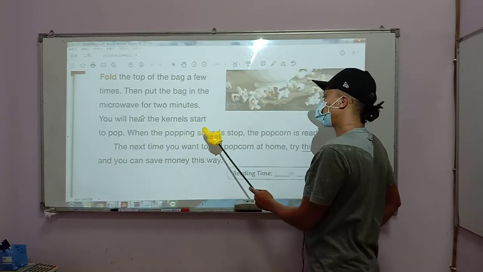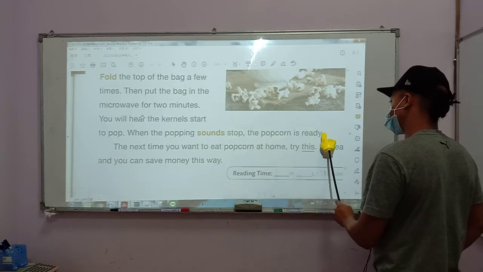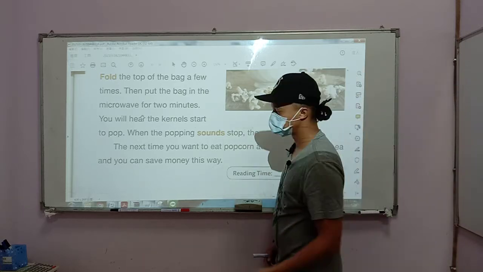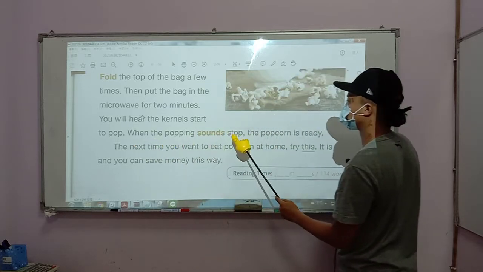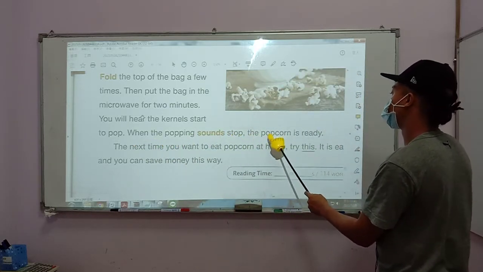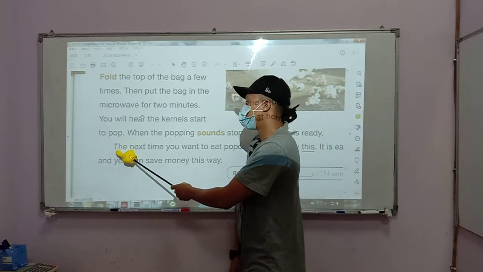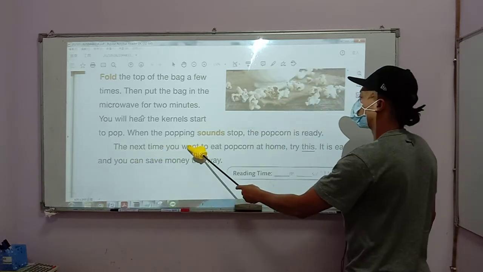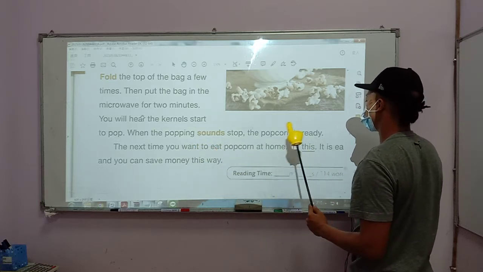When the popping sounds stop, the popcorn is ready. The next time you want to eat popcorn at home, try this.